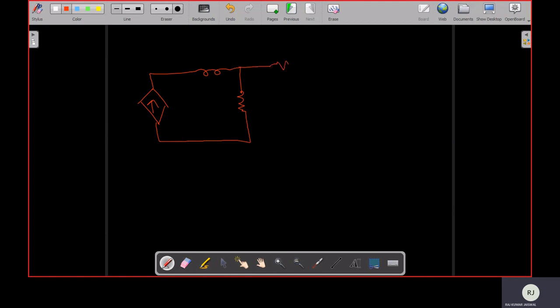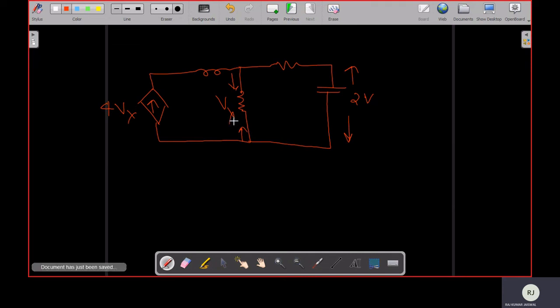These are connected with the capacitor and resistor. For example, this is the 4Vx and the Vx value we are going to get from somewhere else, from here.